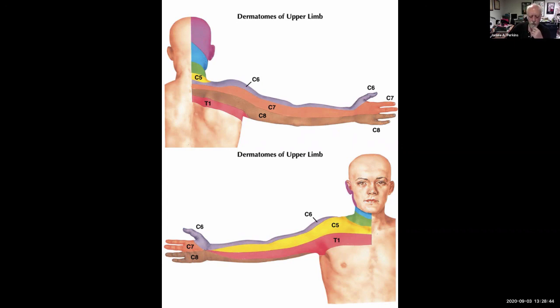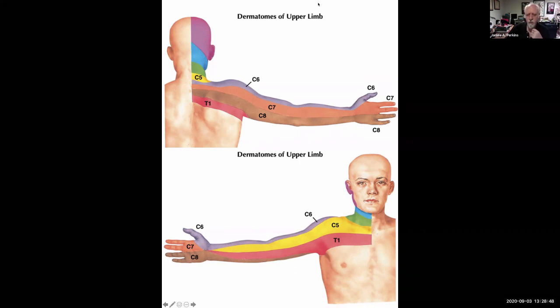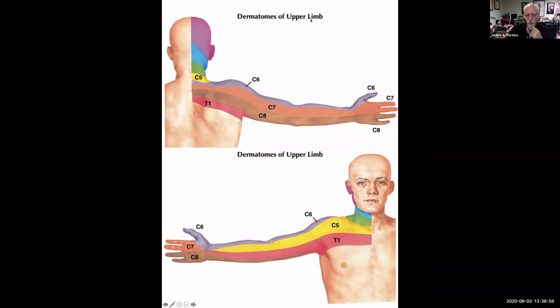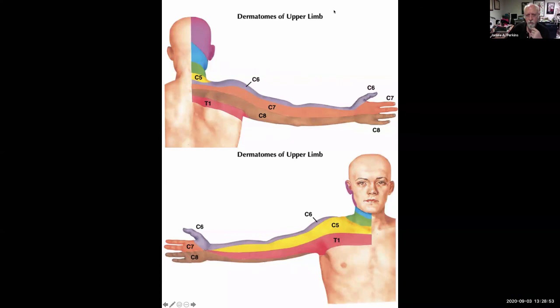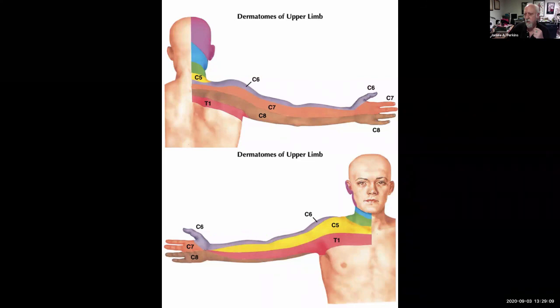So, for example, something that I could do on a laboratory exam would be to put a pin in a specific area of skin and ask you, number one, which dermatome is this? Number two, which sensory nerve is responsible for innervating this area of skin.